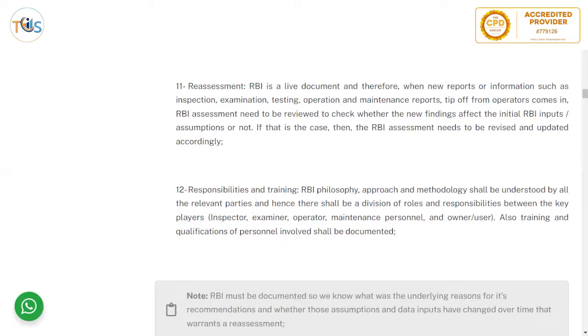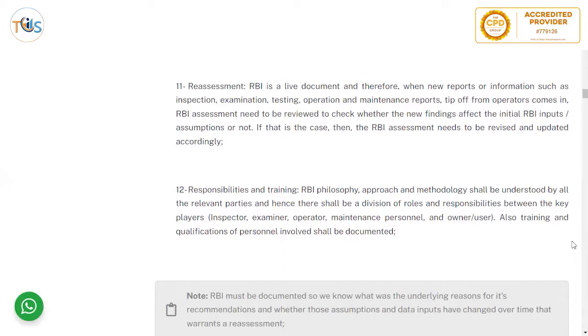There is a chapter exclusively about the key people on this RBI, because it's not a one-man job. It's a team who is setting the scope, identifying the equipment, and identifying risk drivers. You might need a process control specialist, a corrosion specialist, a vessel engineer, or a piping engineer, or a storage tank engineer to be available.